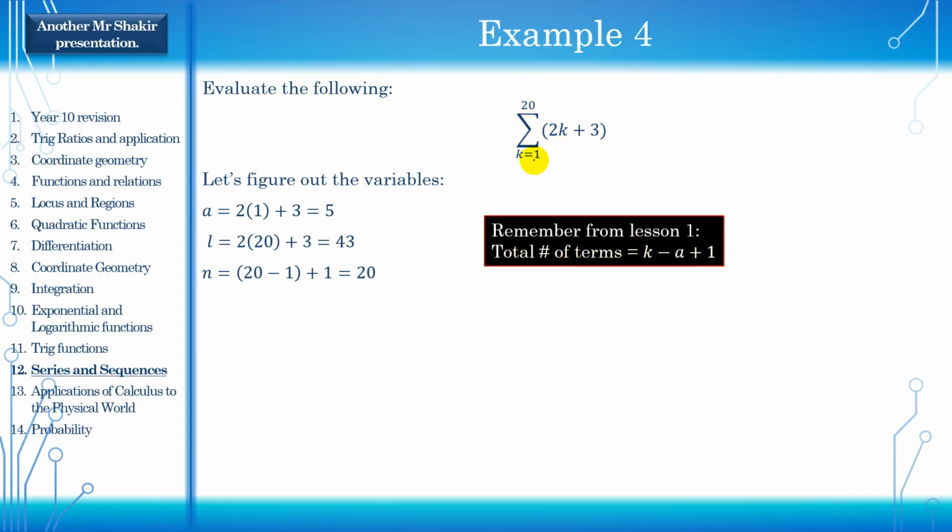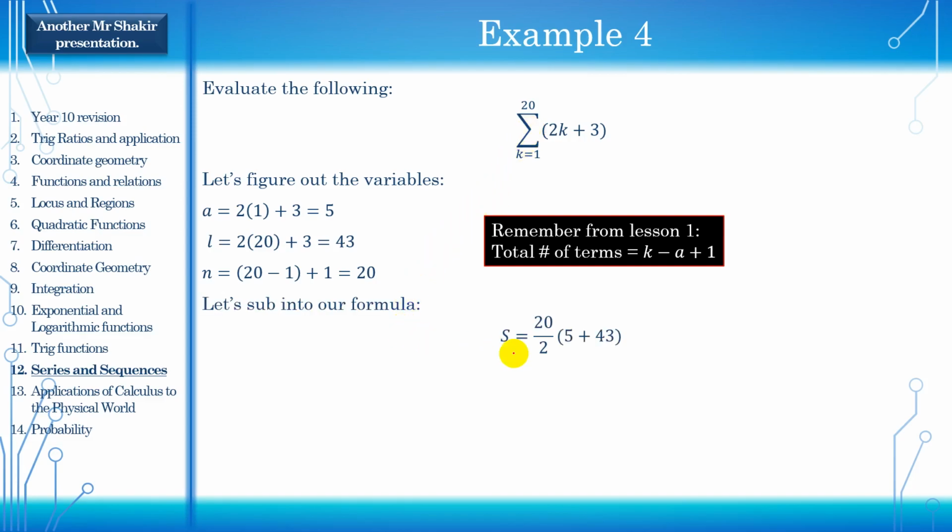K will be here, this will be a, and you always add the 1. So 20 minus 1 is 19, plus 1 is 20. You could count on your hands and check for yourself that if you sub in 1 to 20, the number of numbers between 1 and 20, including 1 and 20, there are 20 numbers.